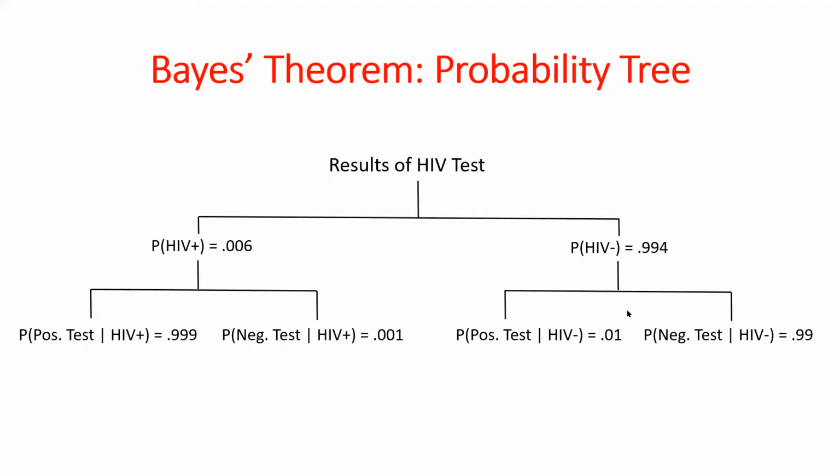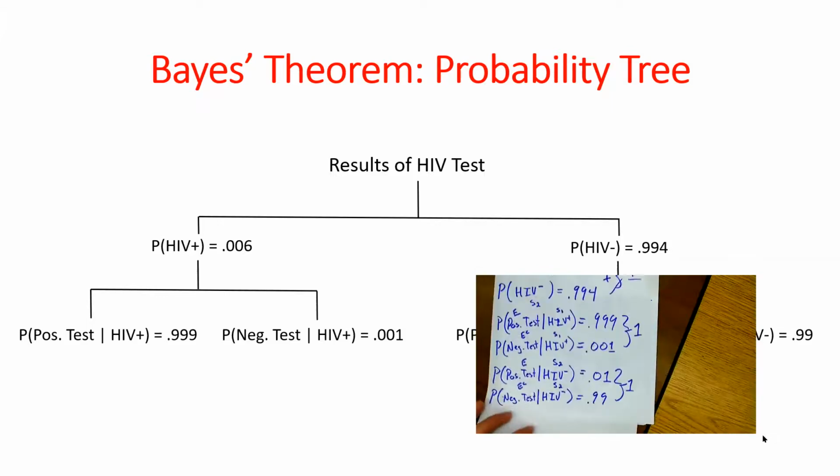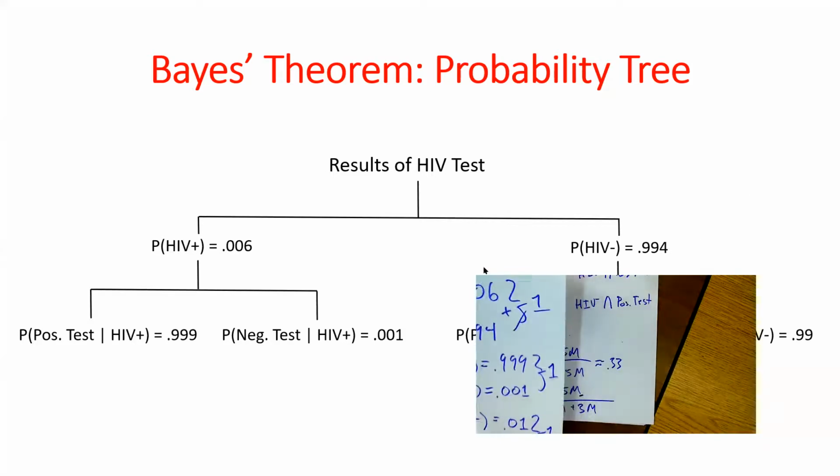Then over here on this branch, I condition on the other state of nature, being HIV negative, and the probabilities I'm looking for are the two outcomes of the test. These probabilities on this rung of the branch have to add up to 1 as well. So some people like the tree as a visual. Some people simply like doing it this way, where if I'm writing these out, they get grouped and add up to 1. It's really just personal preference.